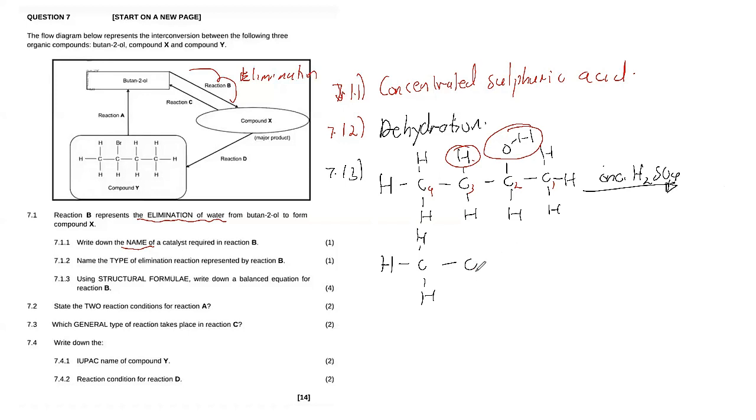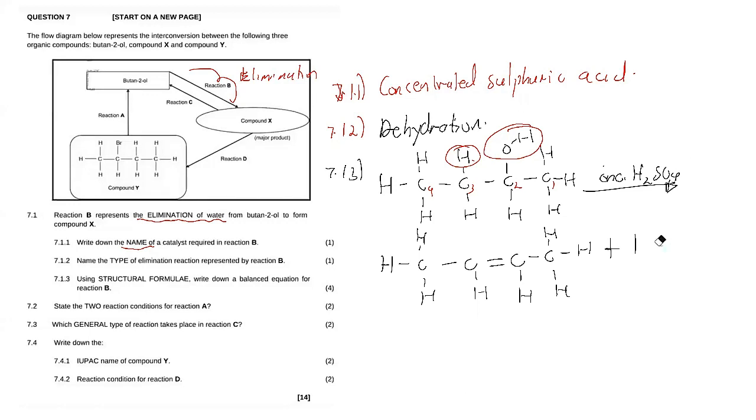So we have our hydrogens here, and then a double bond in between the carbons where we took the OH and the hydrogen. And then here, still exactly like that. Now the OH and the H will react to give us our inorganic byproduct, H2O. And just like that, we have a balanced equation using structural formulae.